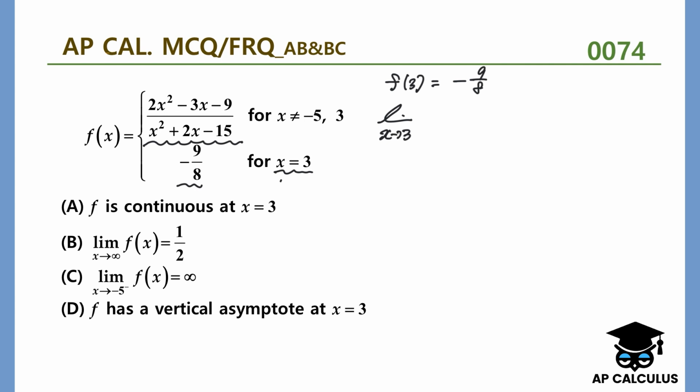Okay, so we have 2x squared minus 3x minus 9 over x squared plus 2x minus 15. Let's simplify this. Factor numerator and denominator. If we factor the numerator, that's going to be 2x, x.